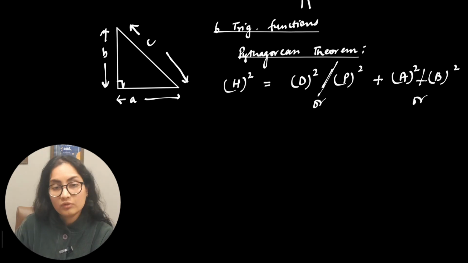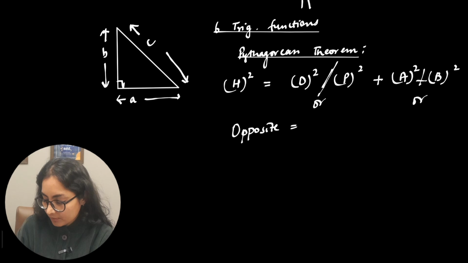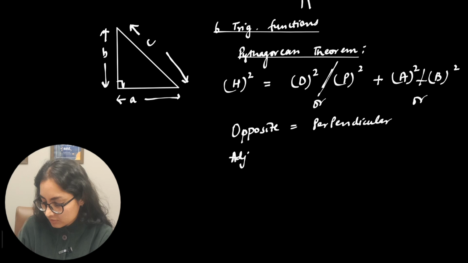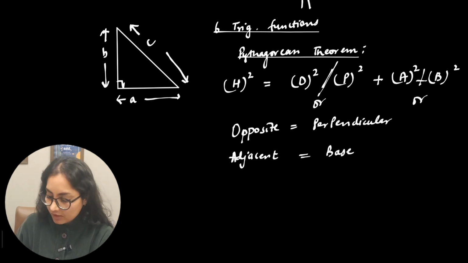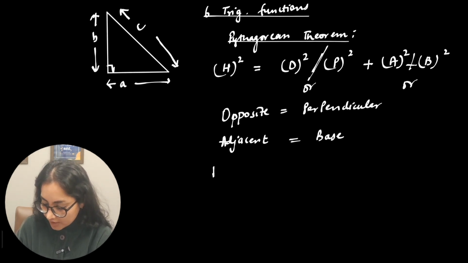So I'm going to stick to the terminology of opposite and adjacent. Opposite is also called perpendicular and adjacent is also called base. So now the Pythagorean theorem says that hypotenuse square is equal to opposite square plus base square.